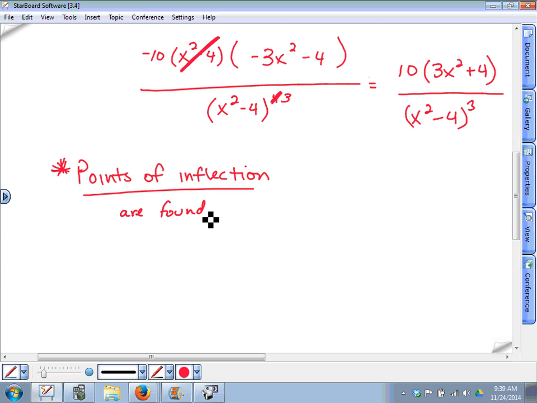are found when the second derivative, no, that's only with the first derivative, is 0 or undefined.